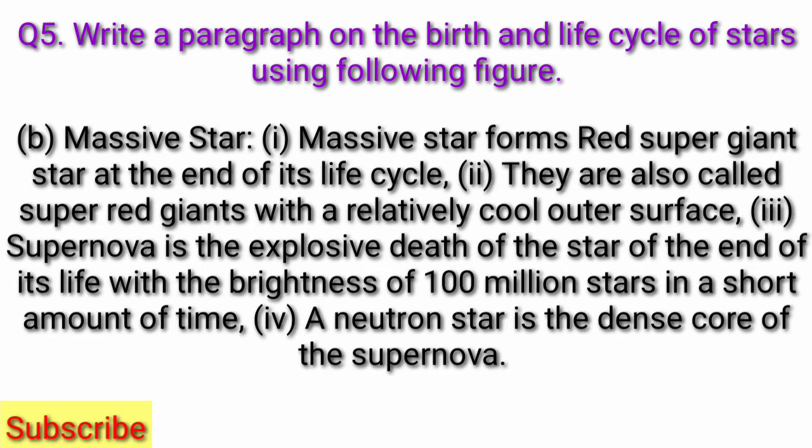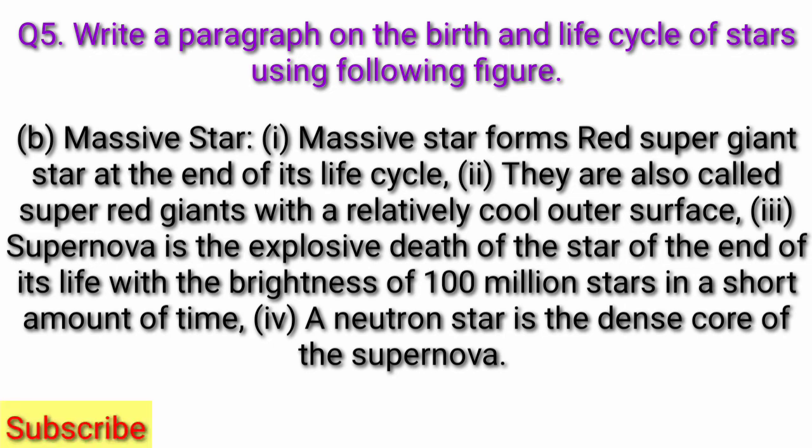Massive star. A massive star forms a red supergiant star at the end of its life cycle. They are also called super red giants with a relatively cool outer surface. Supernova is the explosive death of the star at the end of its life with the brightness of 100 million stars in a short amount of time.